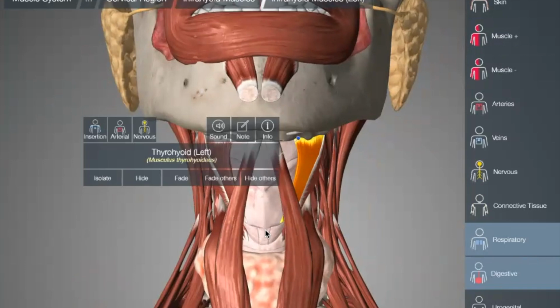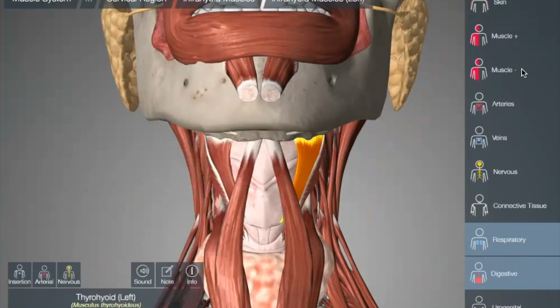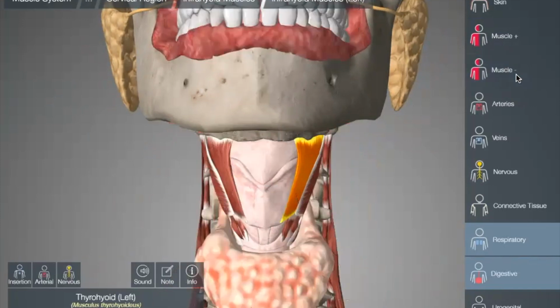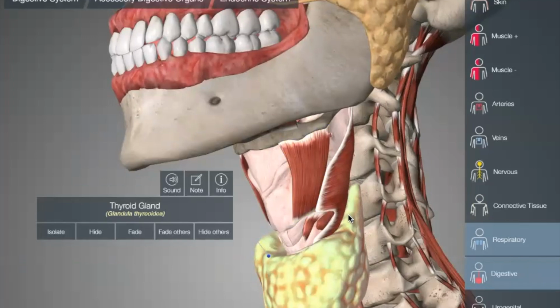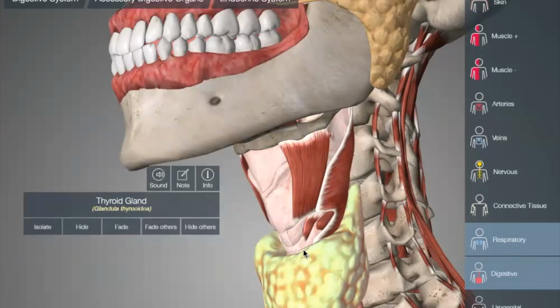Okay, and laterally, let's say we remove the muscles laterally. We can see that the thyroid gland surrounds the larynx. What else do we have here?